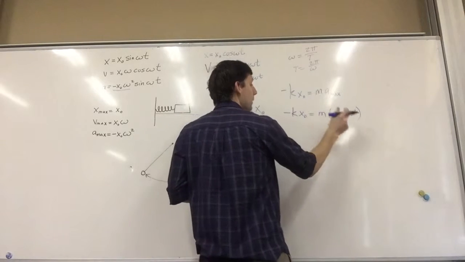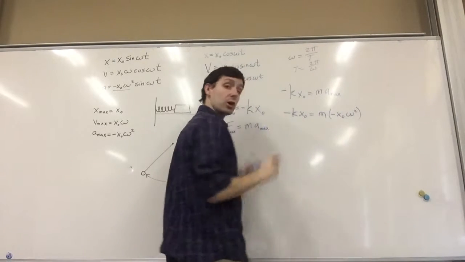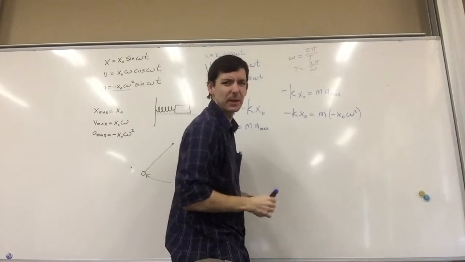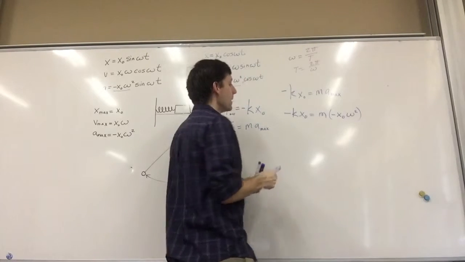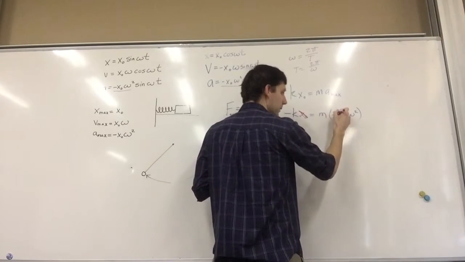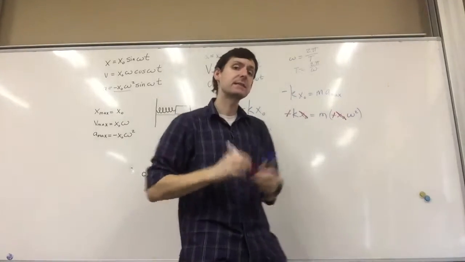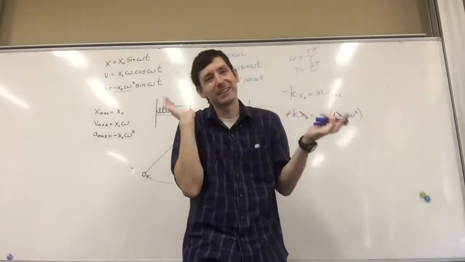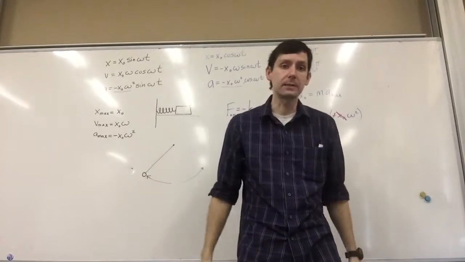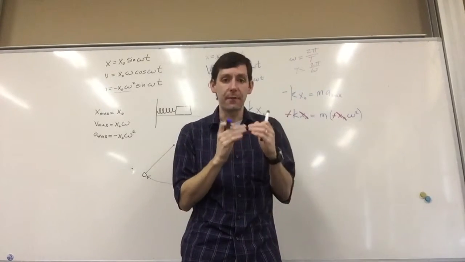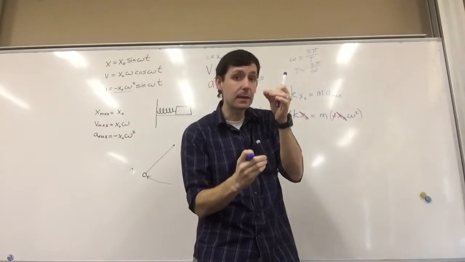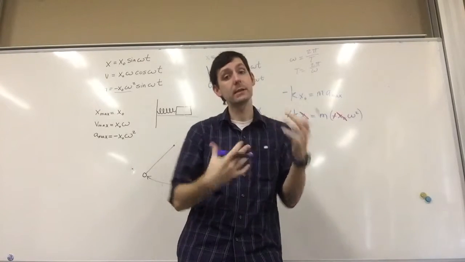All right, so I'm going to go ahead and put in for omega. I'm also going to recognize in the same process, because I'm going to be efficient here, that both sides have displacement and they both have a negative. So I'm going to cross those out. Now this should make sense. Remember back in the day, like 2 weeks ago, when we first started talking about simple harmonic motion, we were talking about the fact that if I extended the spring a little bit further, it wasn't going to change the period.